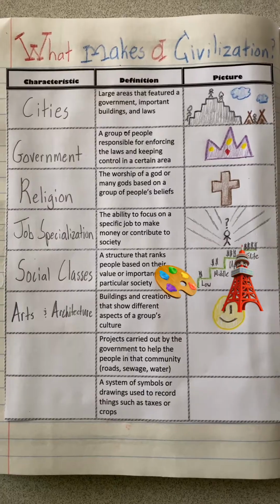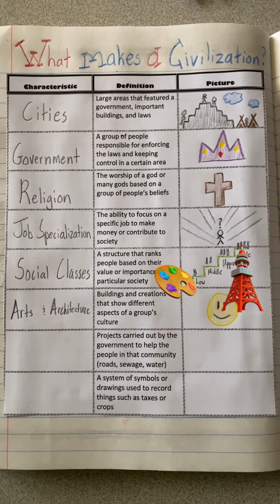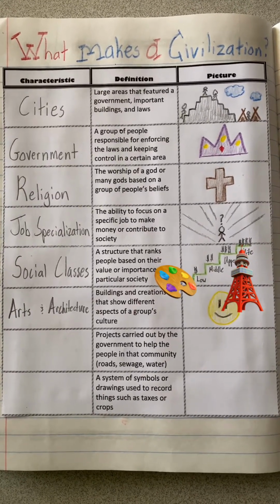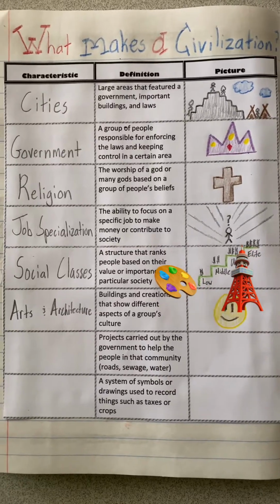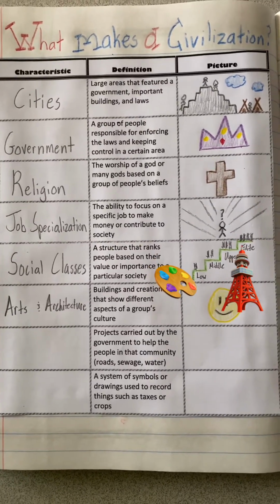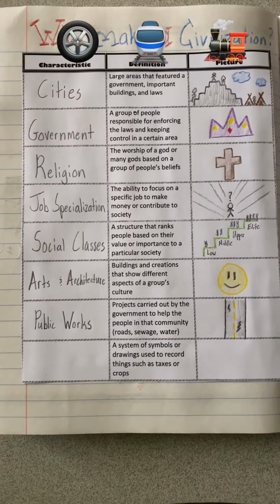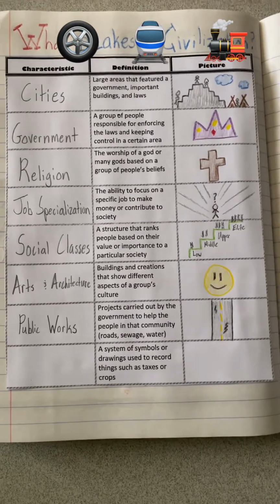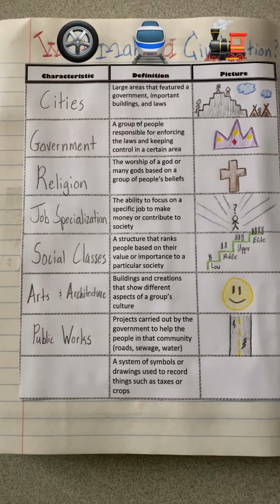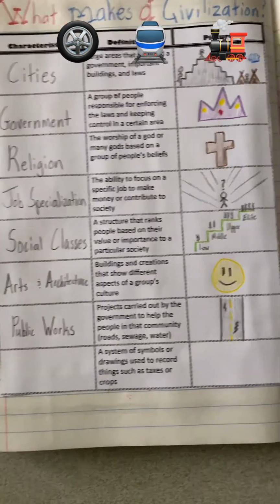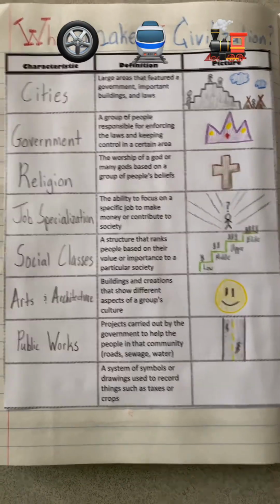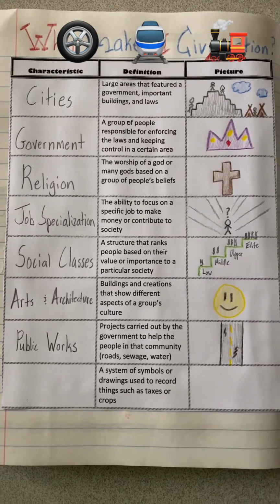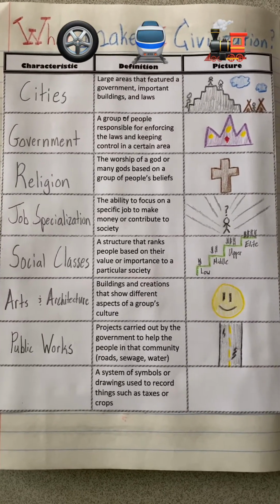The next one, projects carried out by the government to help people in that community. For example, roads, sewage, waterways, etc. Public works. So public works is essentially serving the needs of the public and working either through volunteering, like picking up trash or doing a community event, or public works can be like people who work for the state.